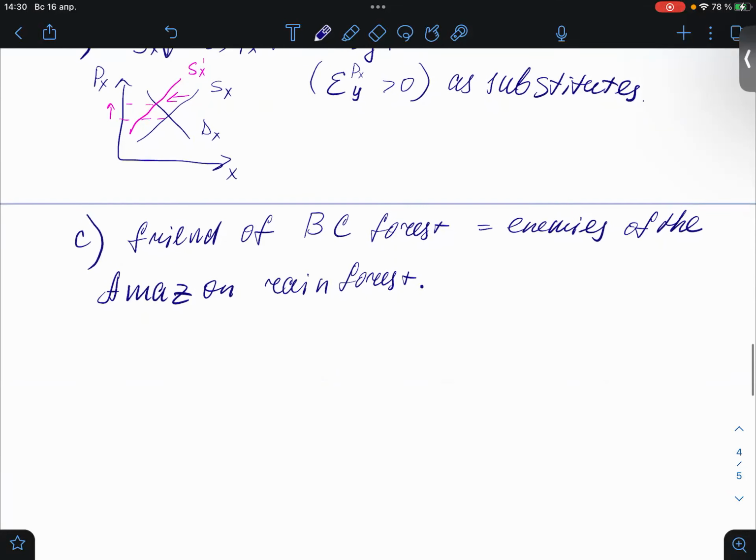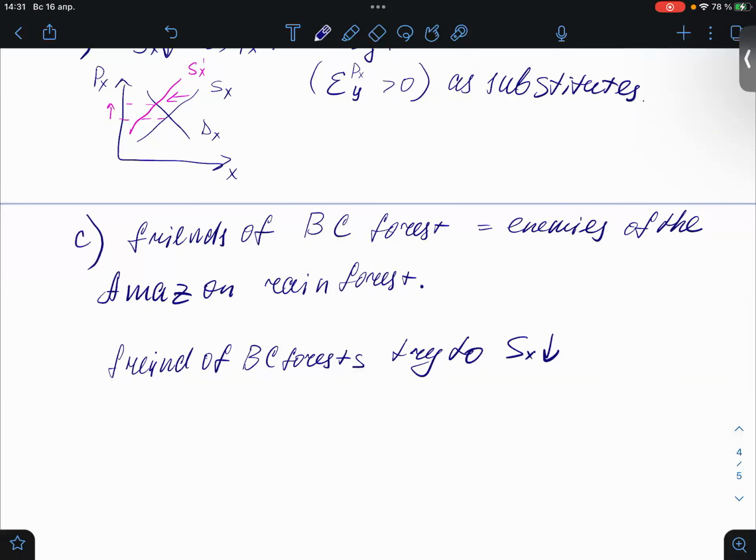Okay, what do friends of British Columbian forests want to do? They try to reduce the supply of such softwood for protection.